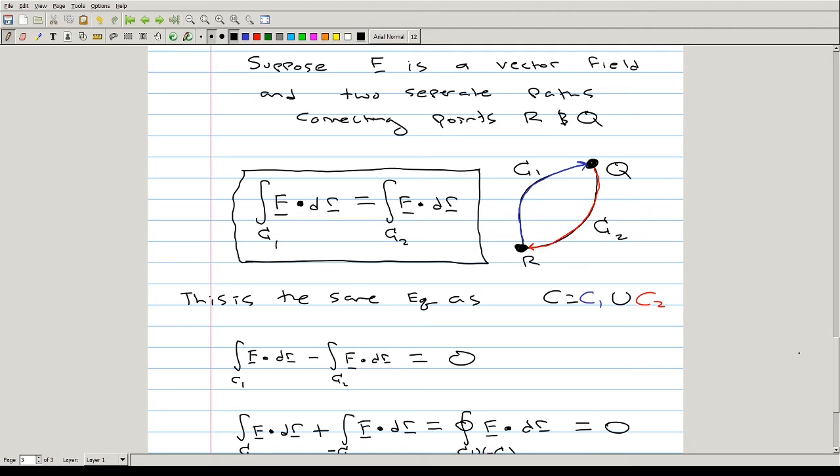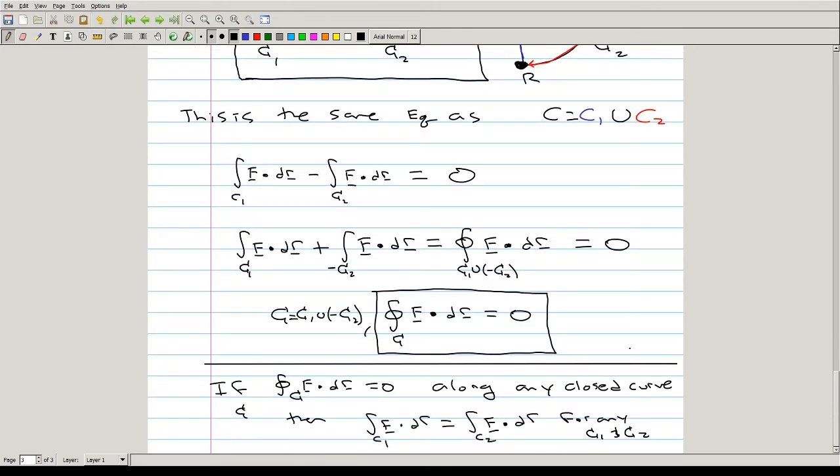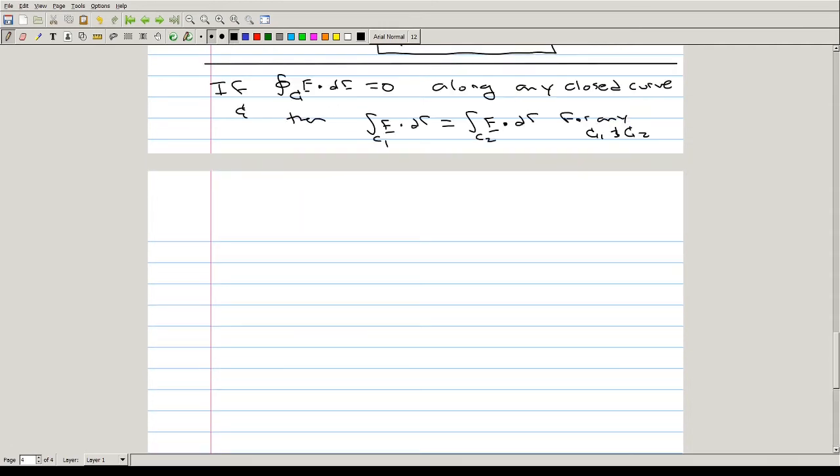Essentially, we've established now everything we need to go through and show something very, very nice about vector fields, specifically about conservative vector fields.